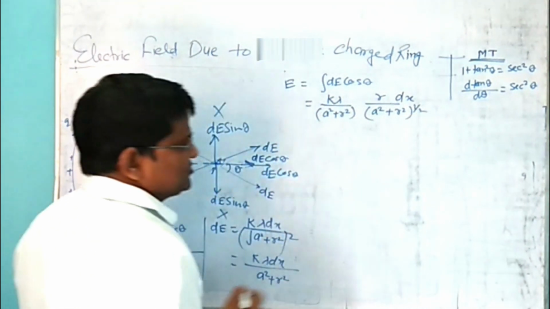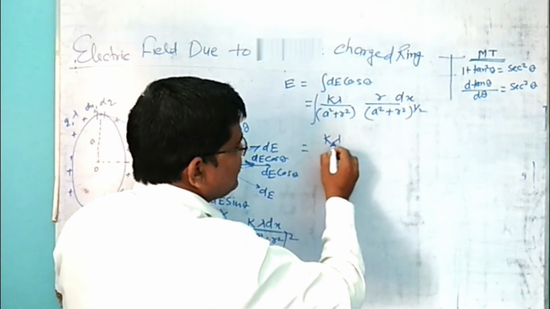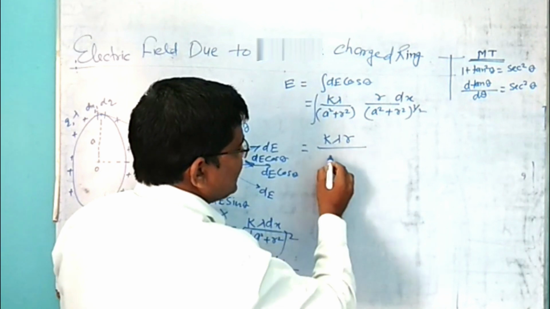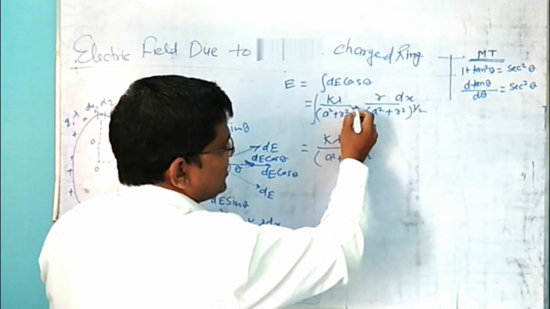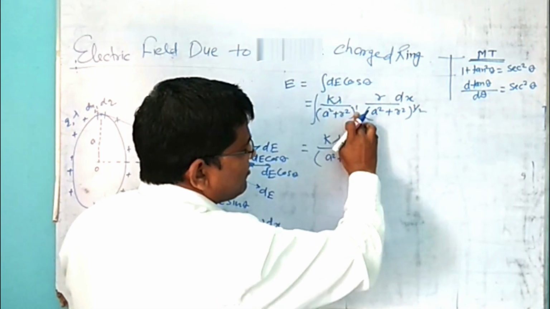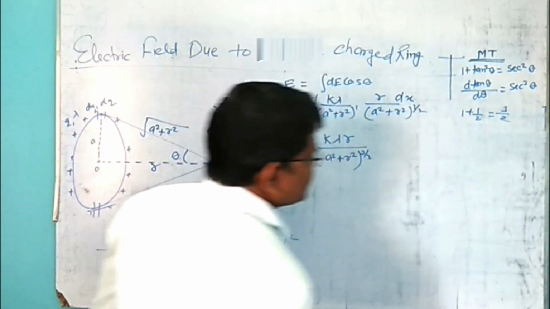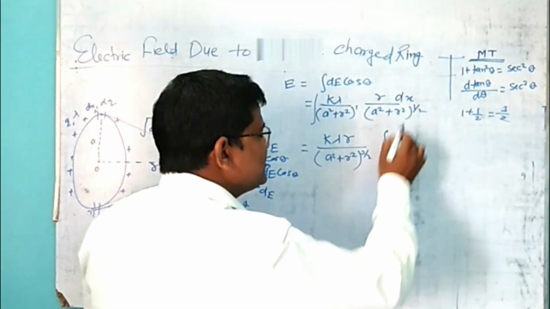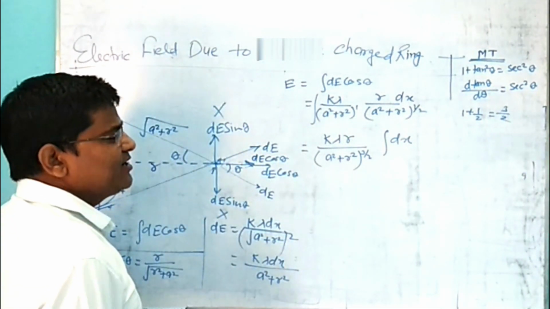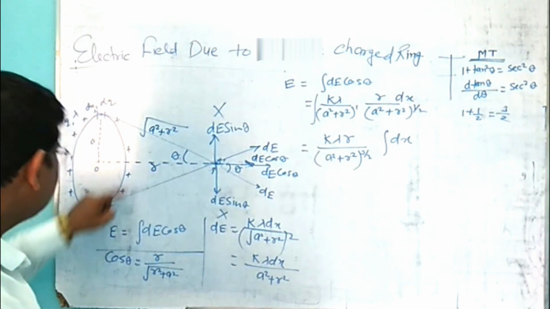And the only thing to be integrated is dx. K is constant, lambda is constant, r is constant, a is constant. The power becomes 3 by 2: here it is 1 by 2, then 1 plus 1 by 2 becomes 3 by 2. Therefore, the power is 3 by 2.